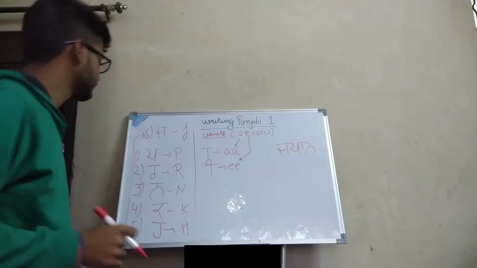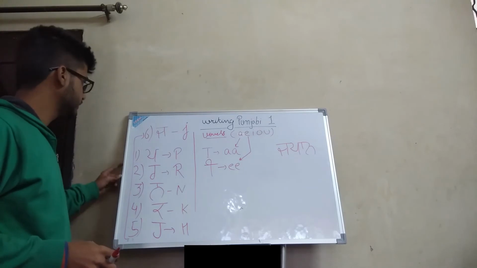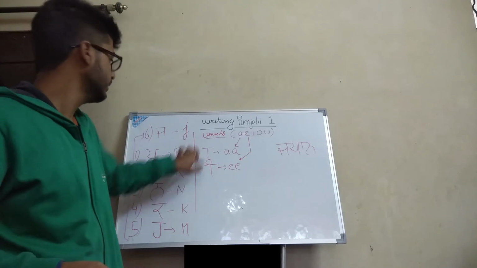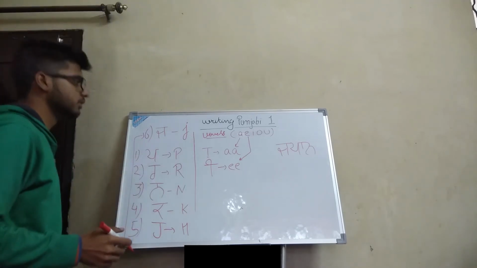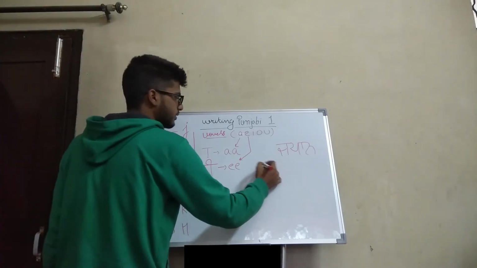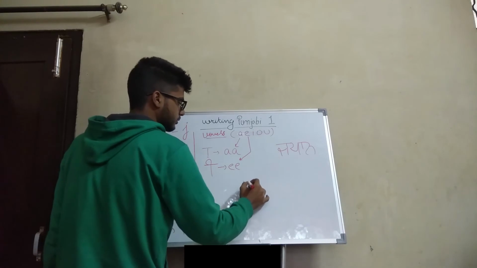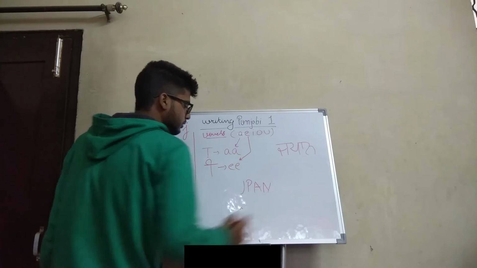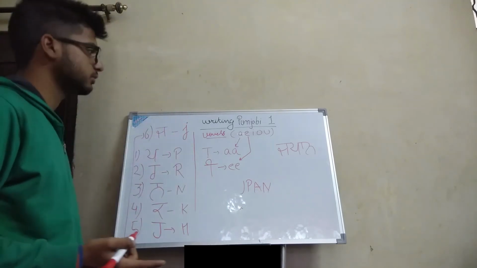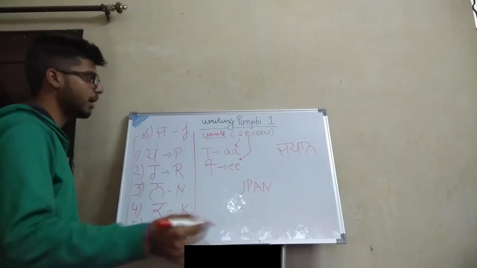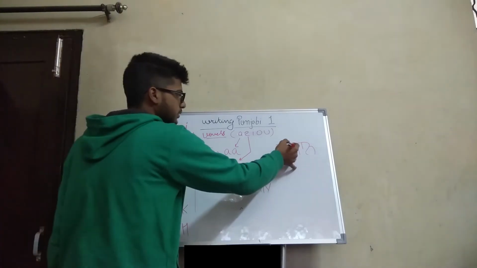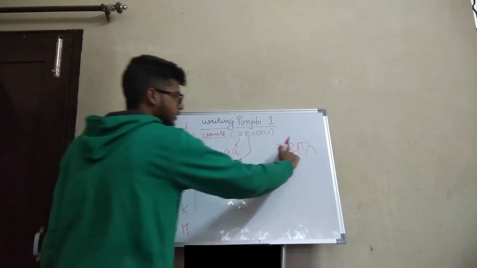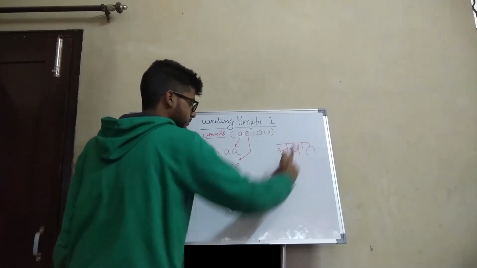Can you read it? We have J in the starting, we have P, we have double A, we have N. It's Japan. If you want to make it Japan, it's like this, Japan. But now it becomes Japan.